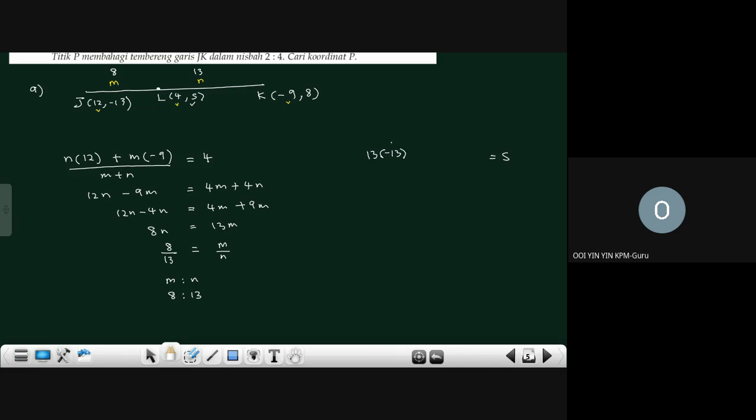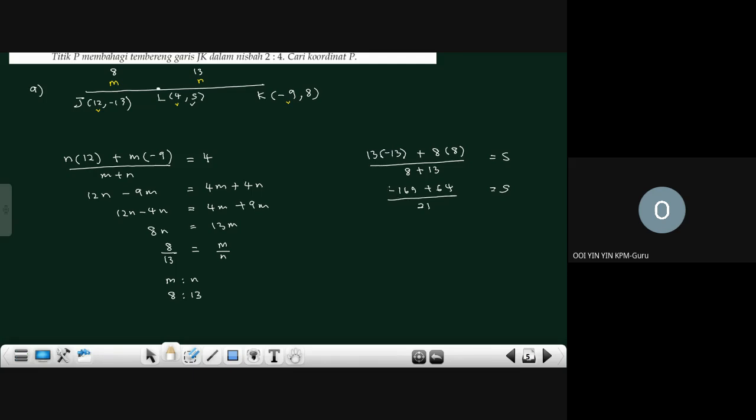Your n times y1, and then plus your m, which is 8, times your y2, which is 8. Then all this divide with your ratio now, m plus n, 8 plus 13. Like this. Up here you get negative 169 plus 64 over 21 here equals to s.